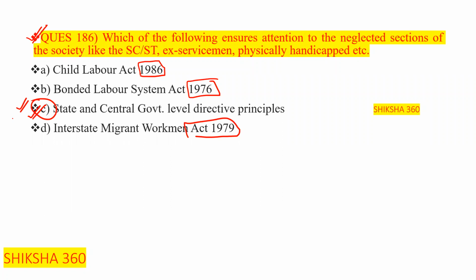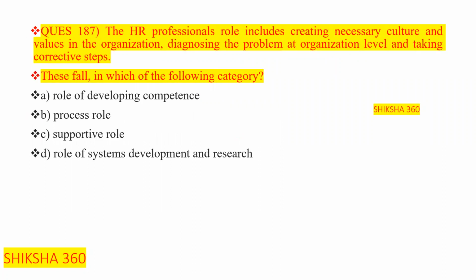Question number 187. The HR professional's role includes creating the necessary culture and values in the organization, diagnosing the problem at the organizational level, that is, if there is any problem trying to solve it, and taking corrective steps.